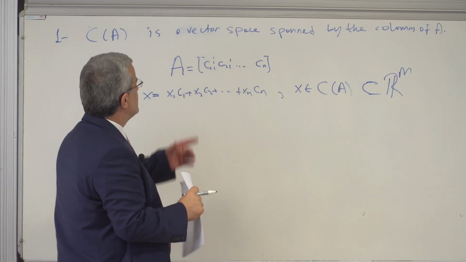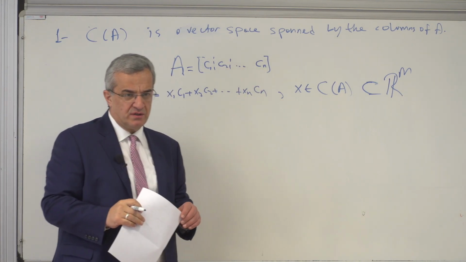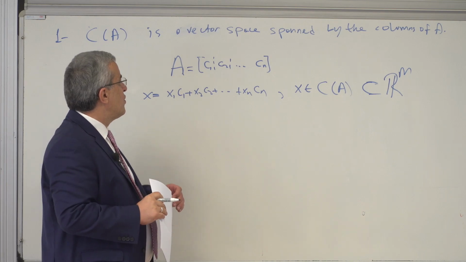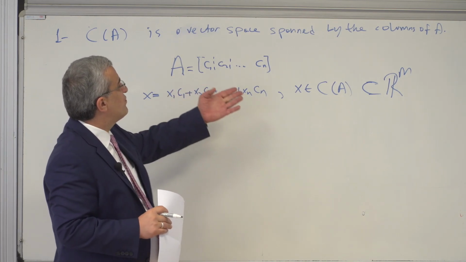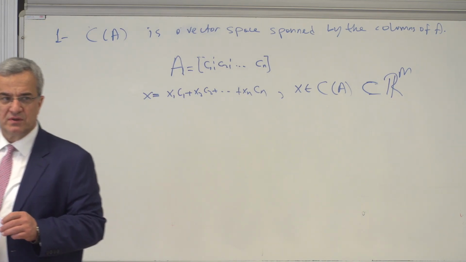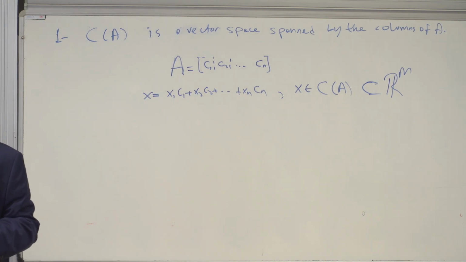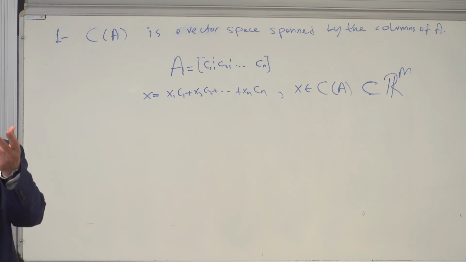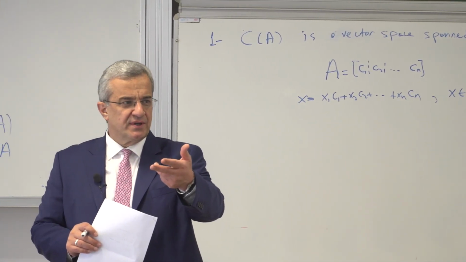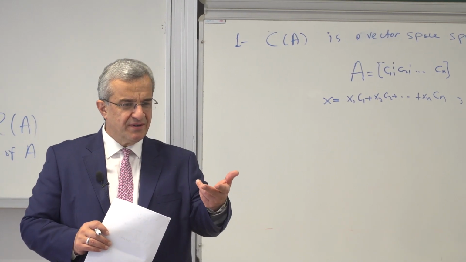And how many columns does it have? It has n columns, okay? So what would be the dimension of this subspace at most? N, right? Of course, if n is greater than m, can it be greater than m?